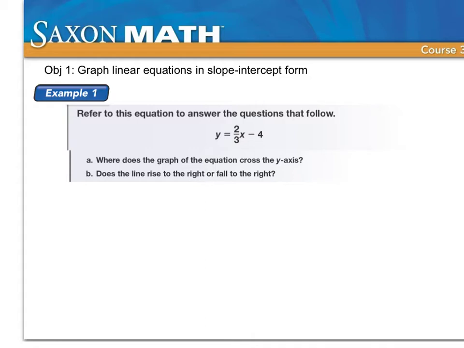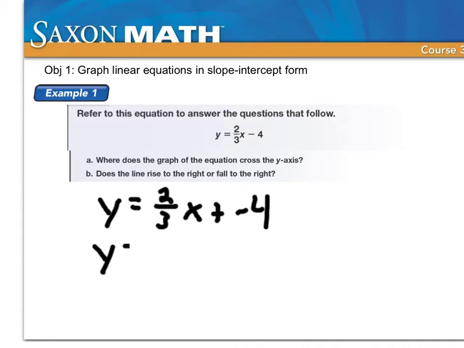First thing I want you to do on any problem we've done is change subtraction to addition. So this is going to change to say y equals 2/3 x, change the minus to a plus, and 4 goes to negative 4. Now, underneath that, I'm going to write my slope-intercept form.